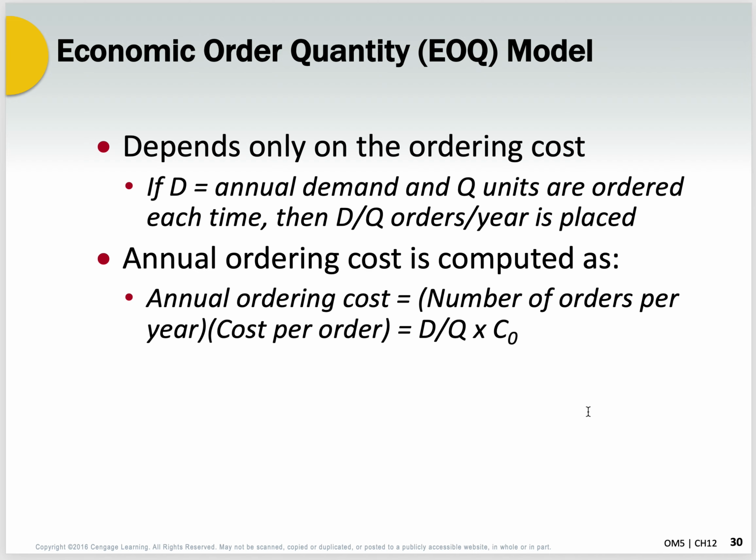If we're talking about ordering costs, we have the annual demand D, and if you're going to order Q at a time, you have to place D divided by Q orders per year. And we're looking at a yearly basis all the time. So the annual ordering cost is D divided by Q, that's the number of orders you're going to place, times C sub O, which is the cost of ordering, of placing an order.